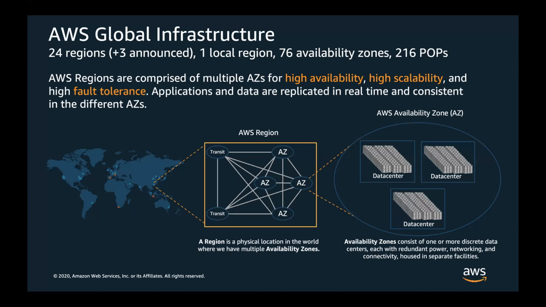If there is an impact such as a natural disaster, a failure of the grid supply, or flooding or some sort of weather event, it would only affect one availability zone, so your application can still operate over the other availability zones within the single region.